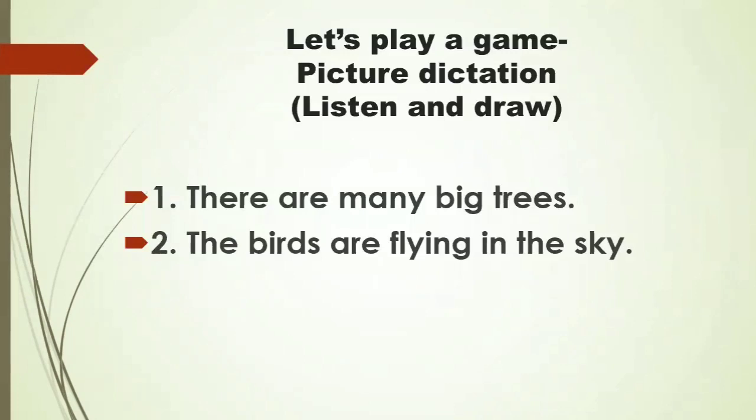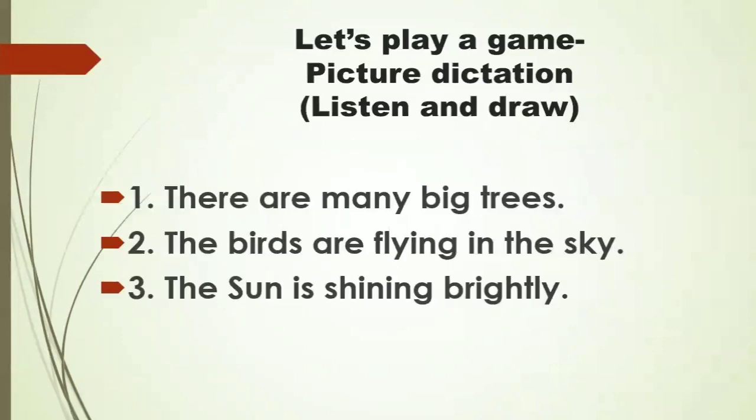Yes, you have to draw birds which are flying in the sky. Next sentence. The sun is shining brightly. You have to draw a sun which is shining brightly in the sky.